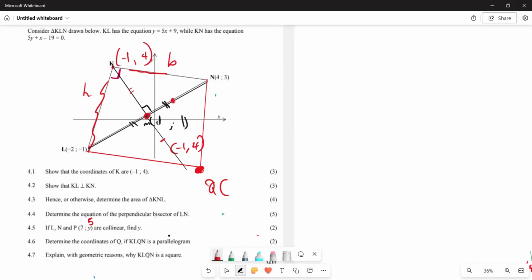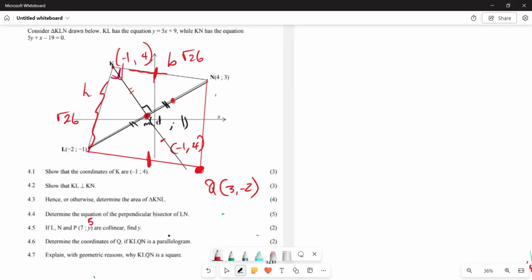Remember, the coordinate here is given by 3 and negative 2. Now, what were our findings? Our LN was root 26, and our KN was root 26. Also, we found out that our angle LKN is 90 degrees. And we already know that the opposite sides of a parallelogram are equal.